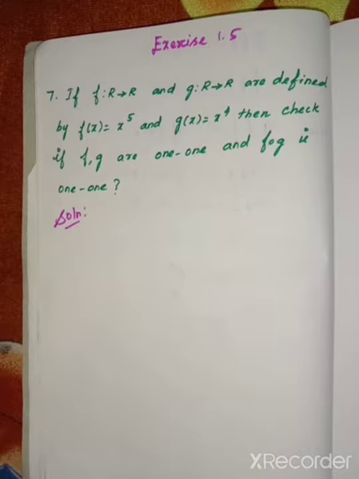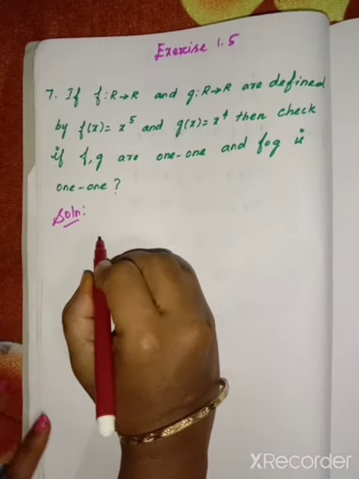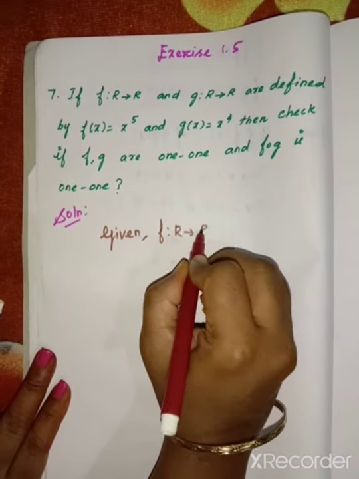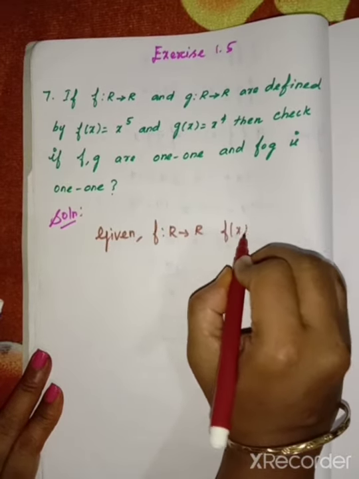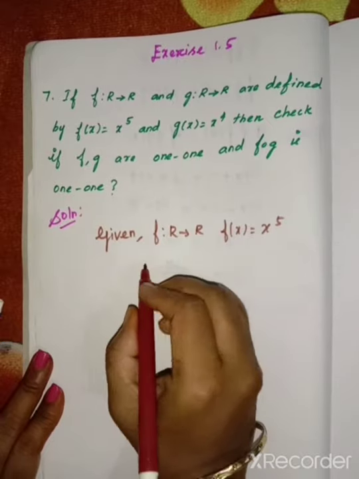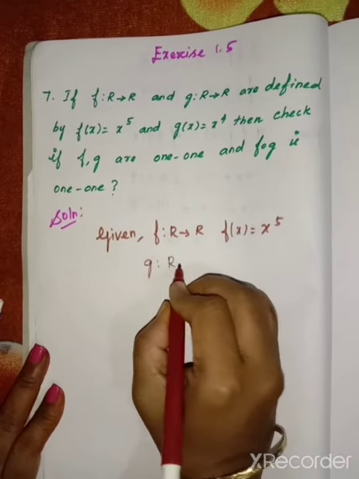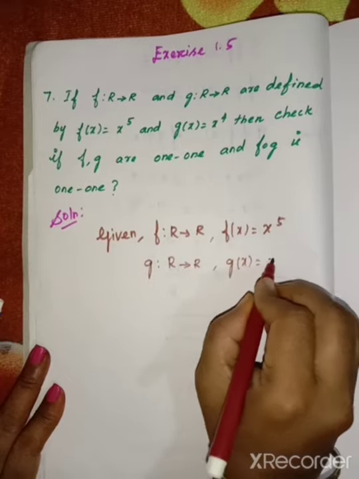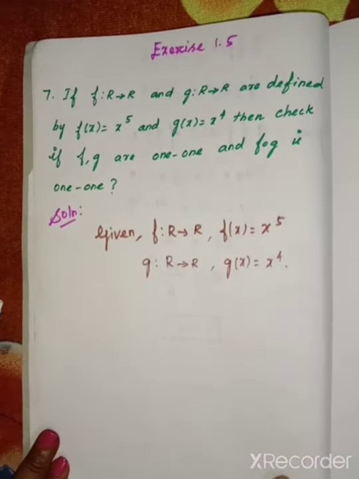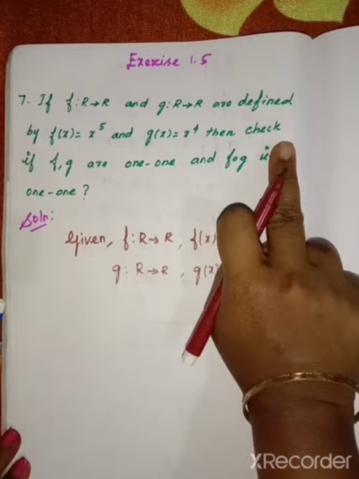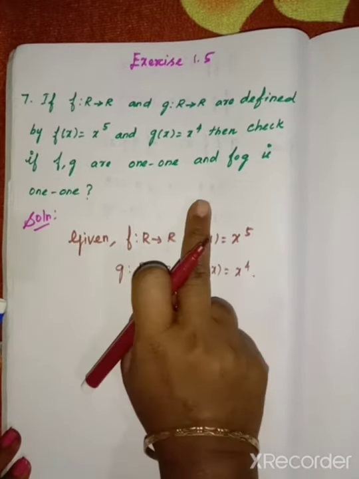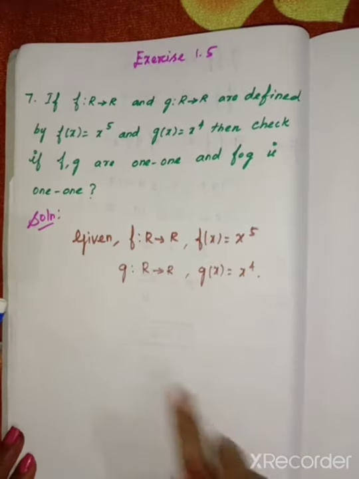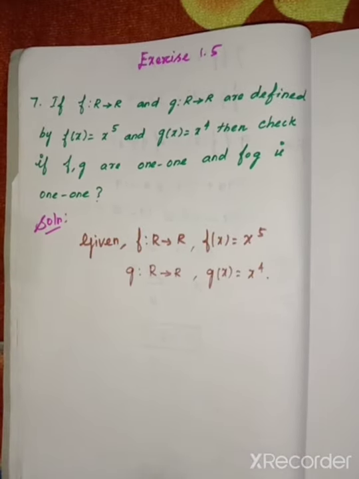So here, first of all, what is given? f from R to R. The function f of x is defined by x power 5, and g is also given, R to R, that is the function is defined. g of x equal to x power 4. Here we want to check that f is 1 to 1, g is 1 to 1, and also f of g is 1 to 1. Here we want to prove these things.